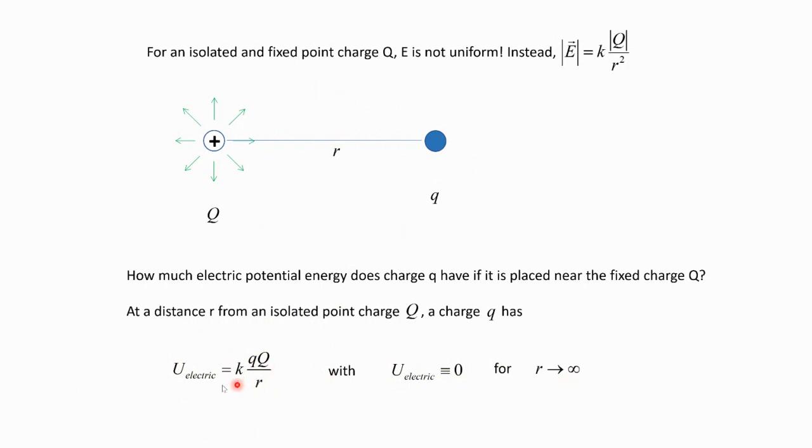If R gets really, really large, the electric potential energy gets smaller and smaller. So if you use this formula, you don't get to pick where zero electric potential energy is. It is infinitely far away. In other words, that's built in. Zero electric potential energy is infinitely far away by definition for this formula.